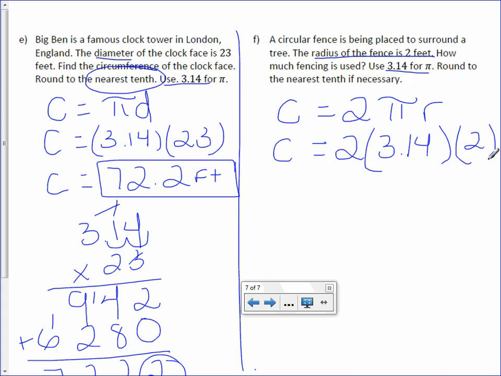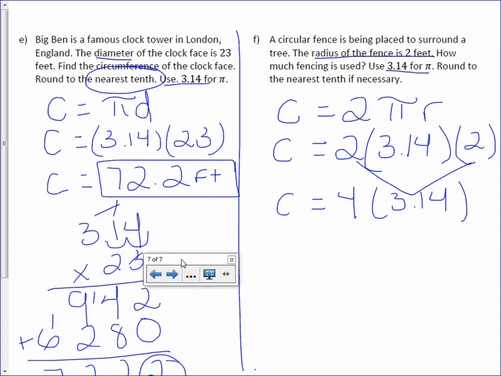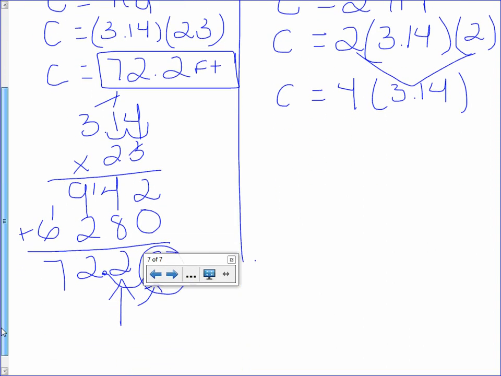Now, multiplication is what we call commutative, which tells me I can multiply in any order I want. So what I'm going to do the easy multiplication and multiply 2 times 2 first. So C equals 4, and then I bring down 3.14. This time I'm only doing decimal multiplication once.